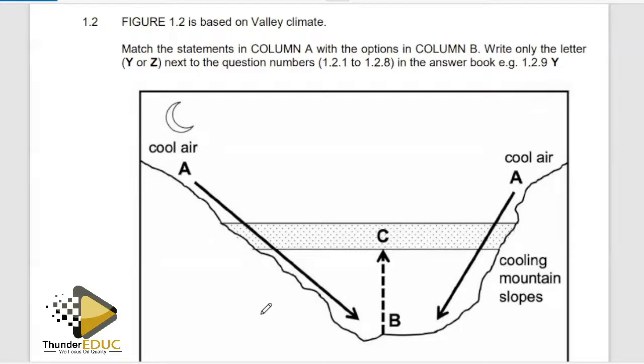We see that there is A, and A is moving to what we call the valley side. We are saying at A, this is the valley side. And this is also the valley side.